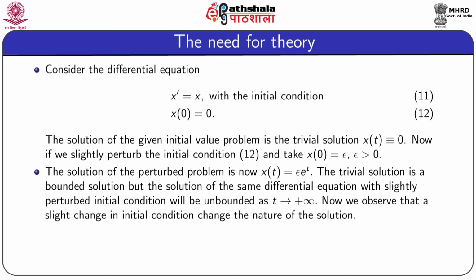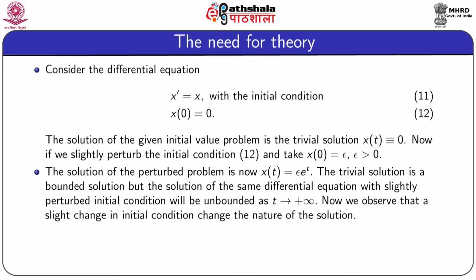Please note, the trivial solution is a bounded solution, but the solution of the same differential equation with slightly perturbed initial condition will be unbounded as t tends to plus infinity. Hence, we observe that a slight change in the initial condition changes the nature of the solution.